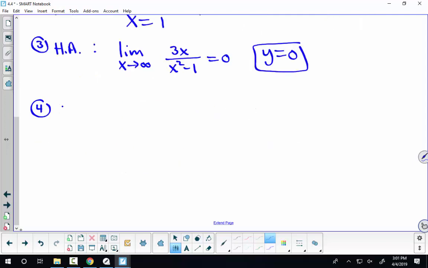Other things we can find, the x-intercepts. What would the x-intercepts for the function 3x over x squared minus 1 be? You just set the top to 0, so wouldn't it be 0? Right. The x-intercept is just when the function's 0. The function's 0 when the numerator 3x is 0. So the x-intercept is (0, 0).